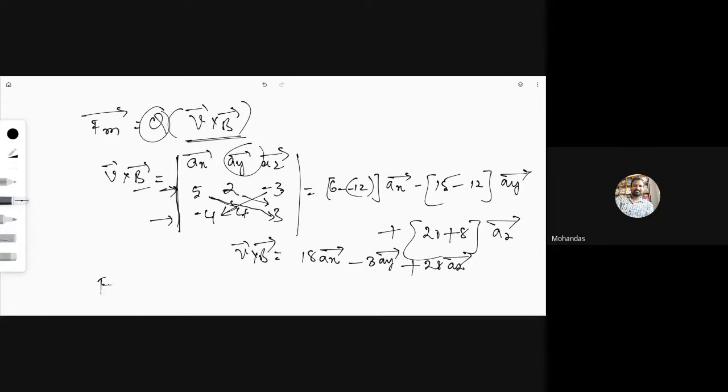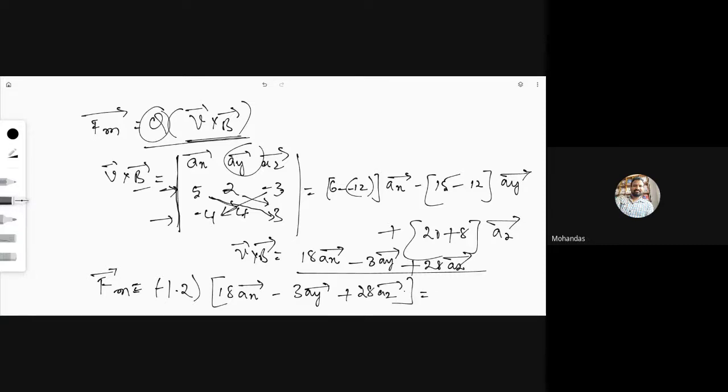Now calculate the total force Fm, which is Q into V cross B. What is the Q? Minus 1.2 into this value, 18AX minus 3AY plus 28AZ. Multiply this and tell me the answer. So this is Fm.